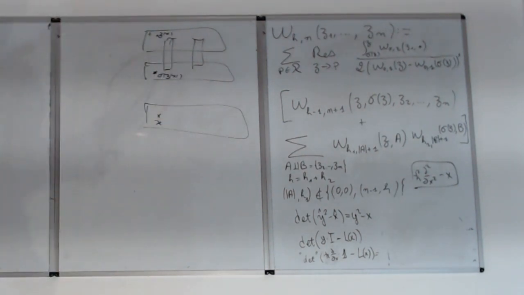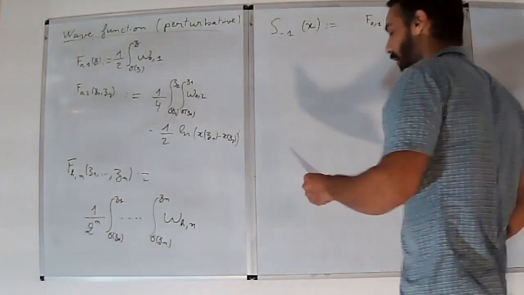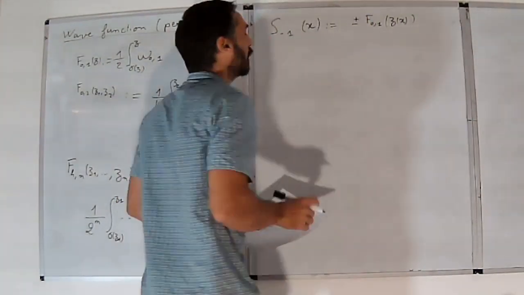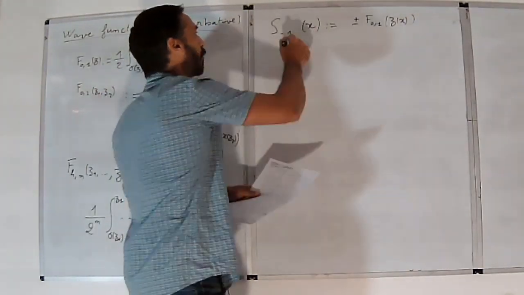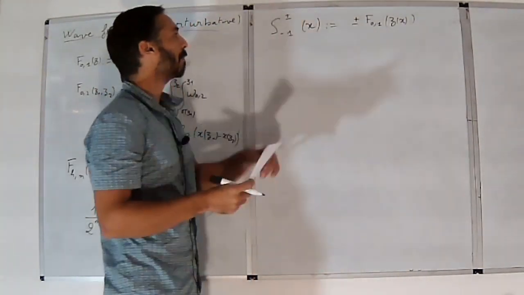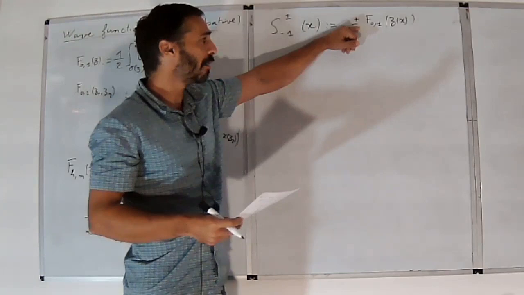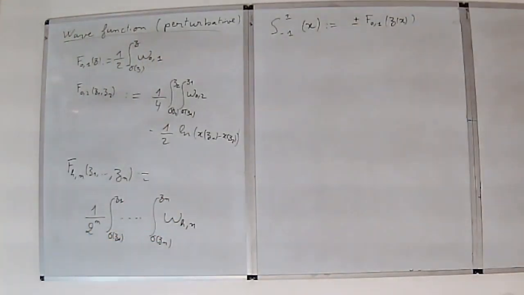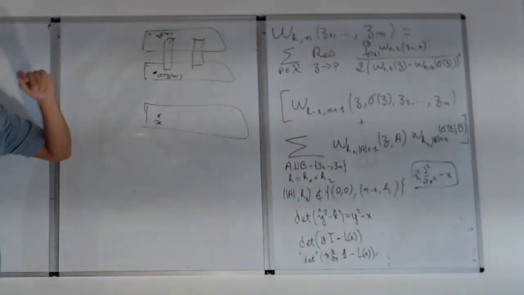Okay? And I will build two such functions, labeled by plus and minus. They will differ by a sign. And they just correspond to the different choices of labeling of the sheets. Okay?